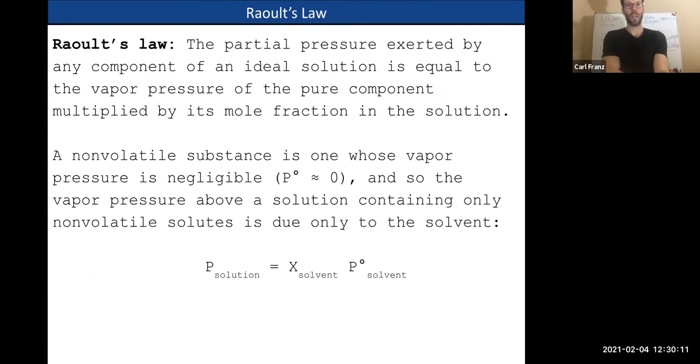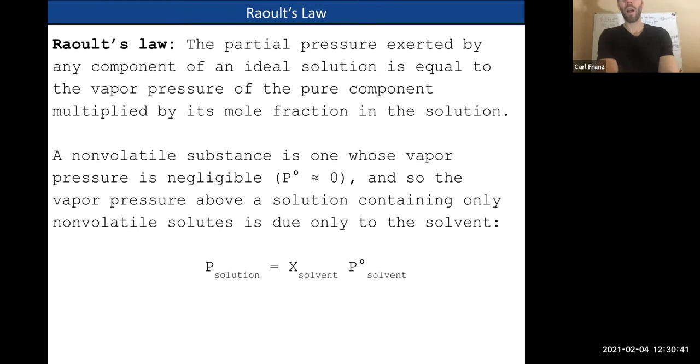And then I also said that assuming the substance is non-volatile, meaning it doesn't spontaneously evaporate or evaporate very quickly, and the solute is non-volatile, we can express Raoult's law as the vapor pressure of an ideal solution is equal to the mole fraction of the solvent times the vapor pressure of that solvent.